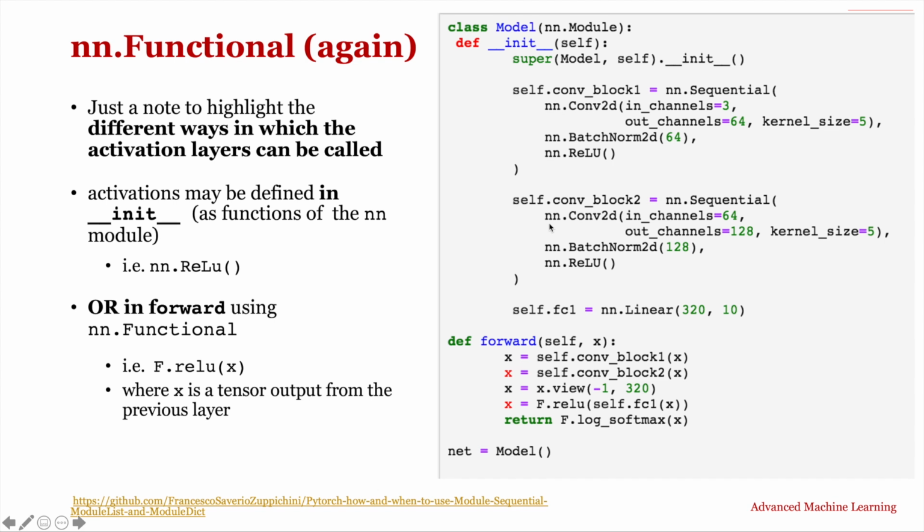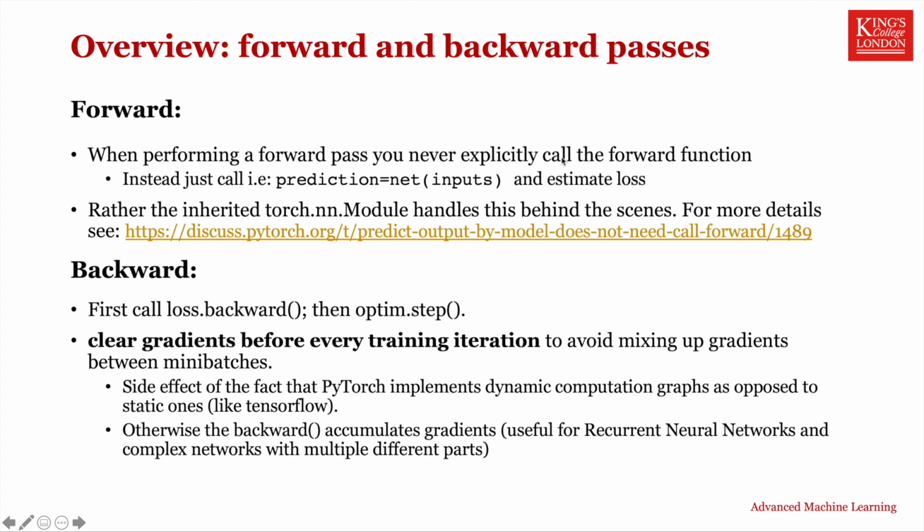I would stick with the rule that I've given you, but be aware that you may see differences in other people's code. Also, and we will cover this in more detail next week, there is a module called nn.Sequential which allows for speeding up during training by grouping operations of the graph together in blocks. You need to define these blocks in the constructor, and so when you do, you need to define activations using the torch.nn form.